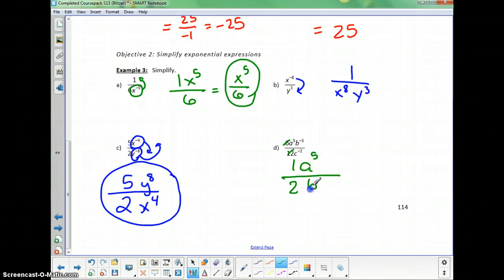B to the 3rd moves to the bottom, and C squared moves to the top. When it moves, it becomes a positive exponent. And so I've written everything with positive exponents. The only thing I'm going to do, and I rewrote it right here, is I don't need to write that 1 because there's other stuff on the top. So we're going to say A to the 5th times C squared over 2B to the 3rd.